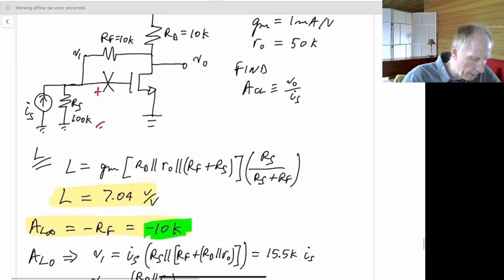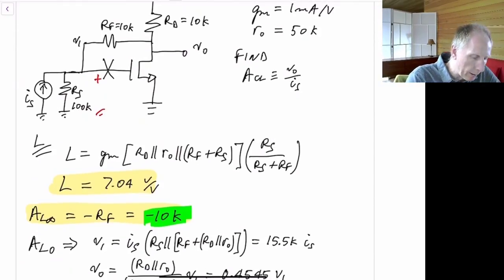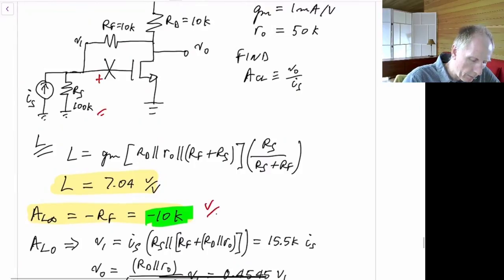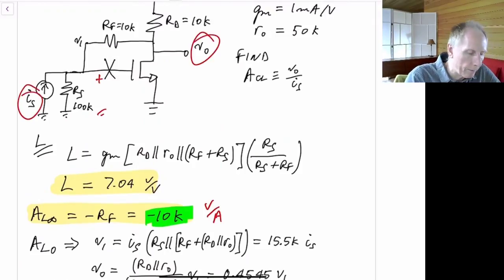So the gain for this circuit when the loop gain goes to infinity is minus 10K, and that's in units of volts per amp. Now really we have a current as our input and voltage as our output.